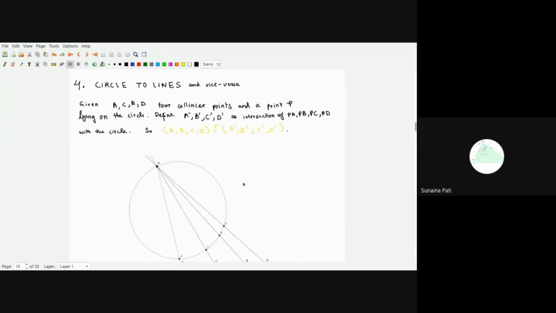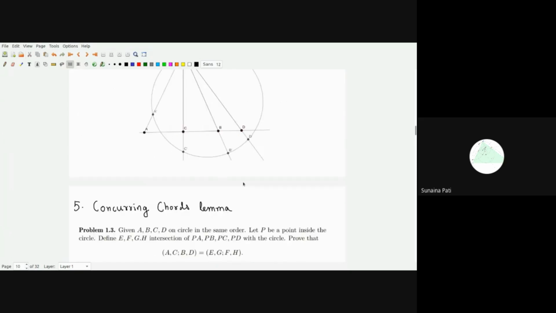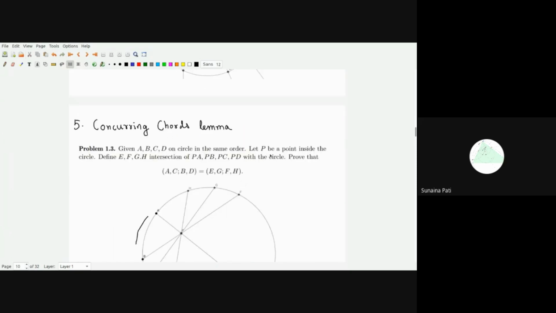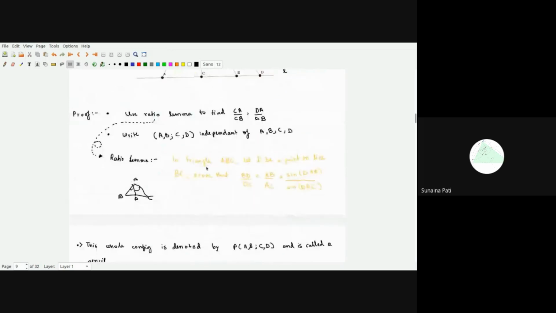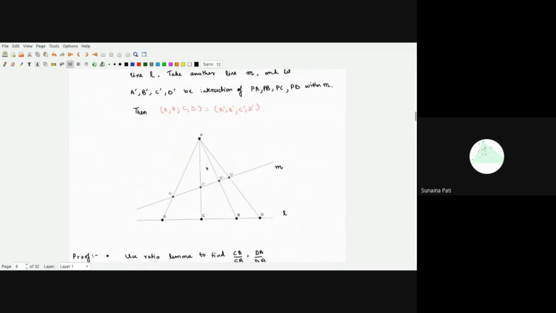Here, remember the point must lie on the circle, it cannot be inside or outside. By the way, here we took the point inside. You can also take it outside in this concurring chords lemma. Over here, we just took projection from one line to another, and it preserves cross ratio.